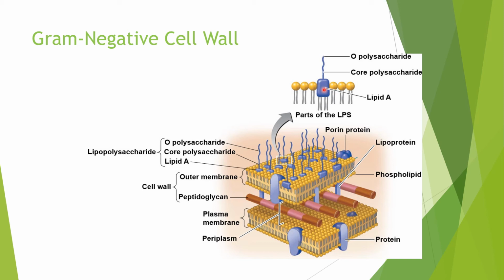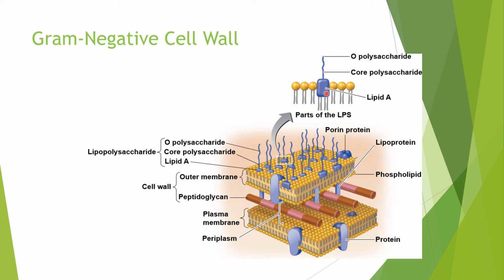So you can see that even if the host succeeds in killing a gram-negative bacteria, it's actually going to release that lipid A, and that lipid A is basically a toxin to the host.